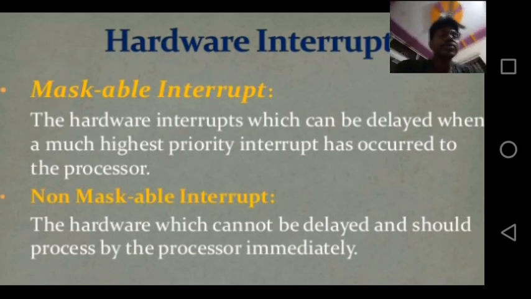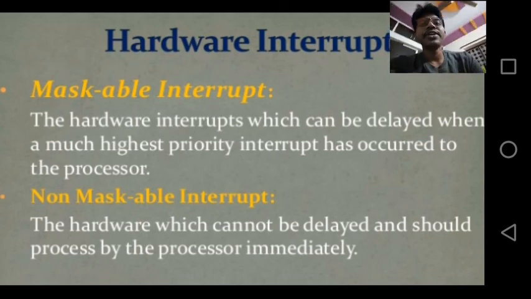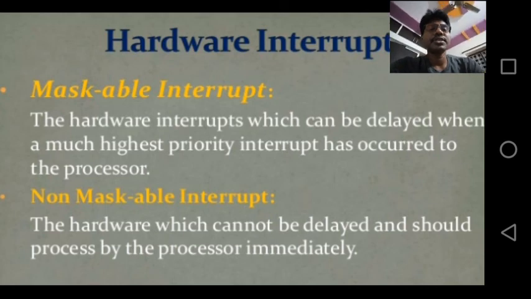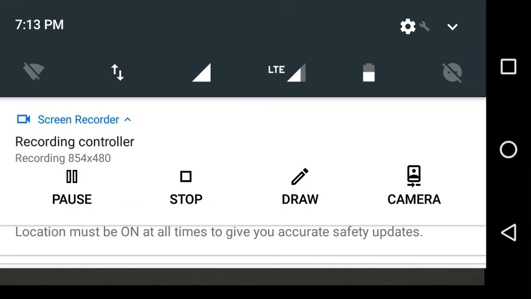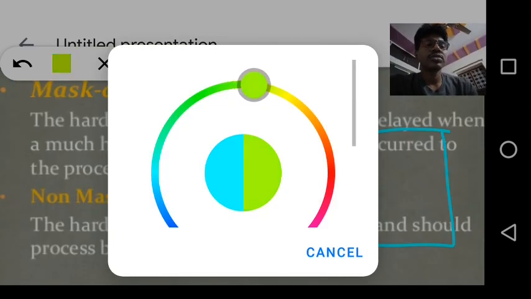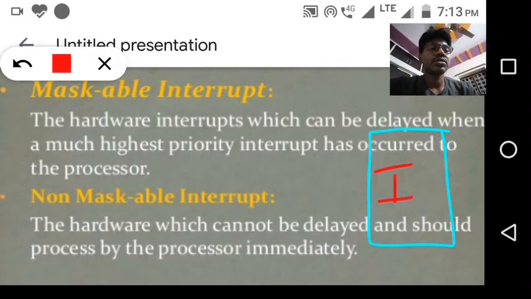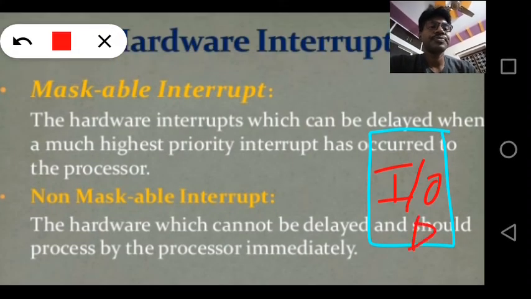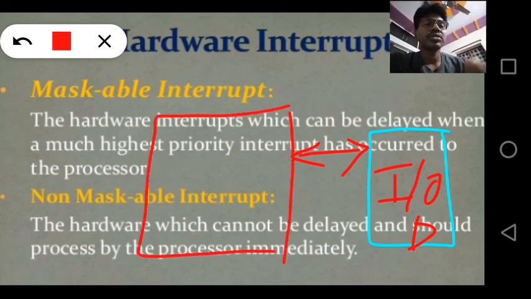So if you look at hardware interrupts, let me draw the picture. This is my IO device, which sends data to the IO interface.